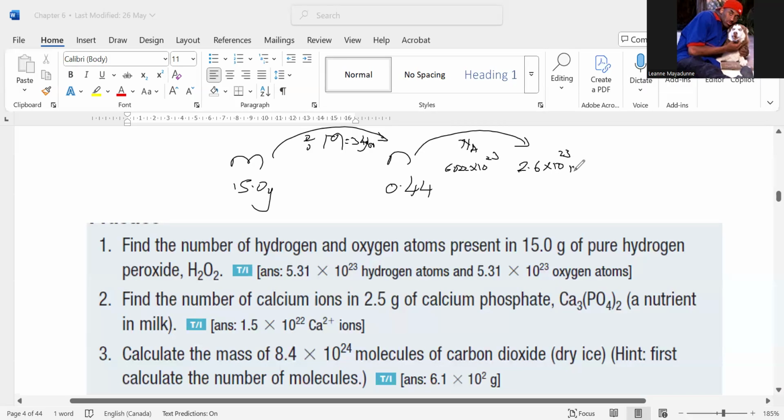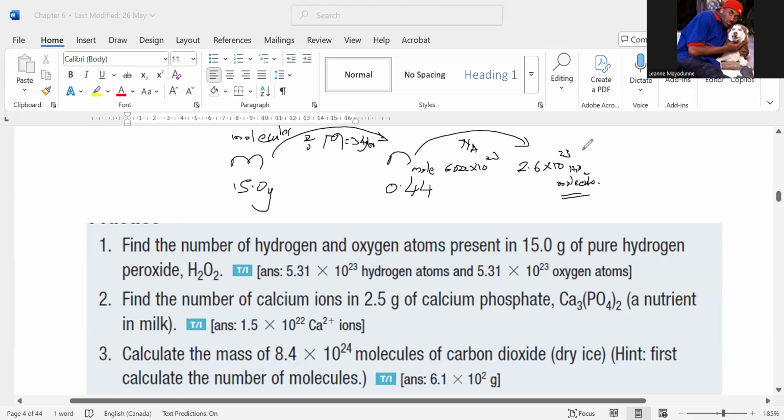And this is H2O2 molecules, correct? Because if we start with mass of molecule, we will get moles of molecules, and from moles of molecules, we will get number of molecules, correct?